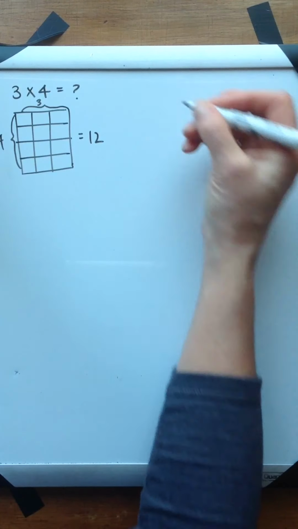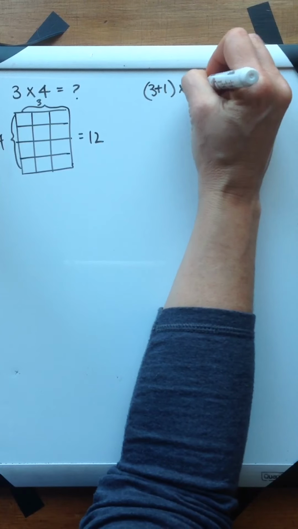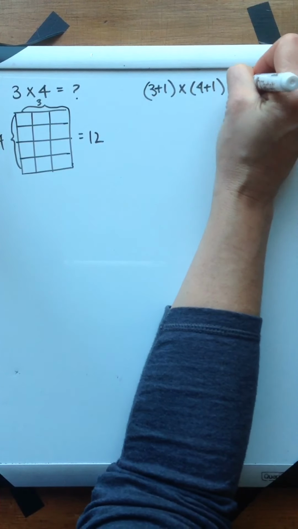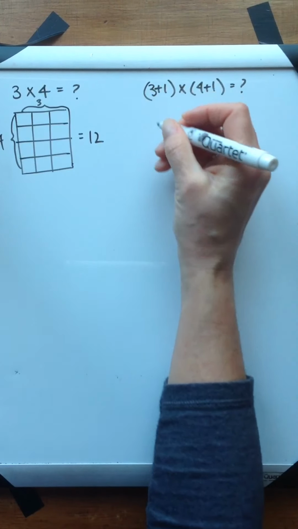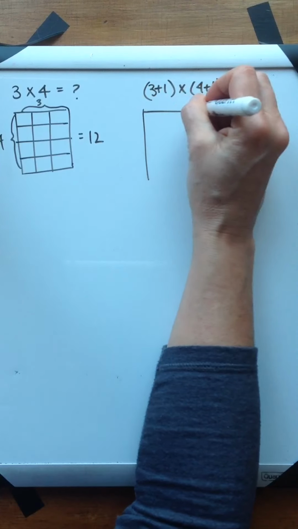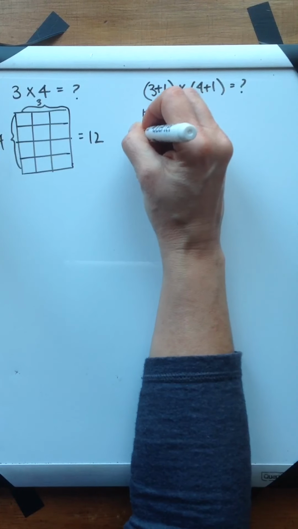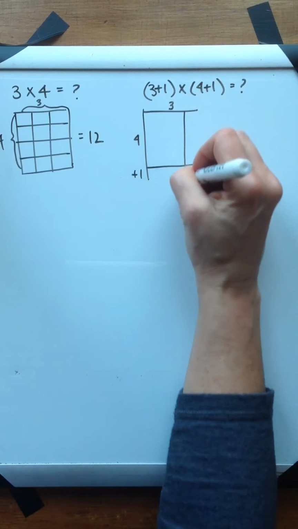But what if I said to you, what is 3 plus 1 times 4 plus 1? Well, you would solve inside the brackets, but maybe you also might envision it looking something like this. What if we could say it's equal to 3 times 4, but let's add another row?